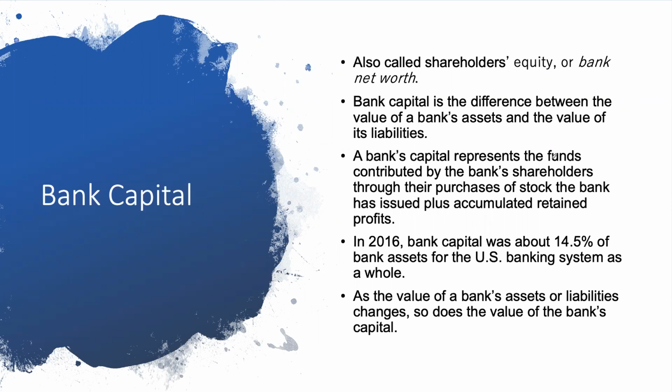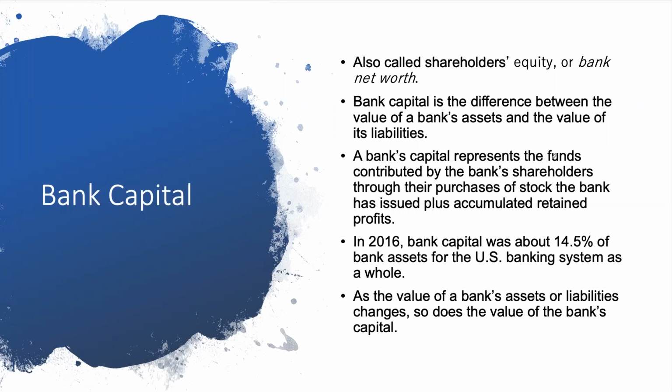So bank capital basically represents the marketable value of the funds that were given over by the bank shareholders through either the purchases of the bank or when the bank was incorporated originally, and through accumulated retained earnings, right? So the bank does its operations and then it generates profits, and it can take some of those profits and reinvest them, but all of those profits technically belong to the bank's shareholders, so that's also included in the bank capital, right?